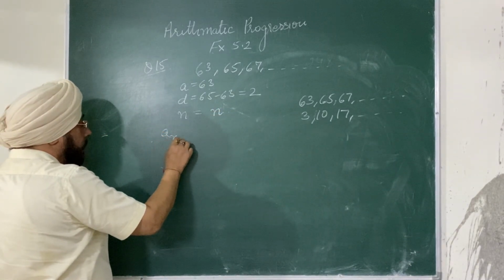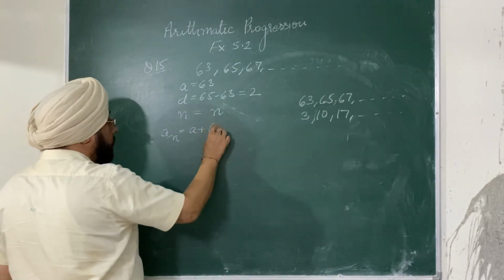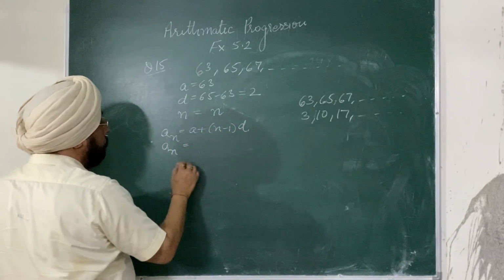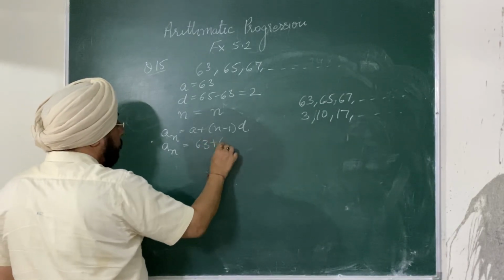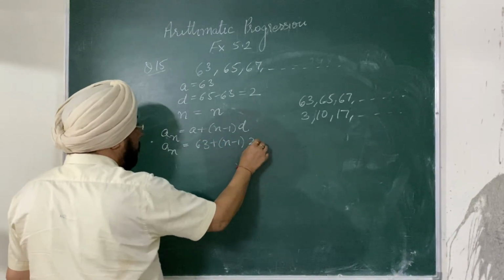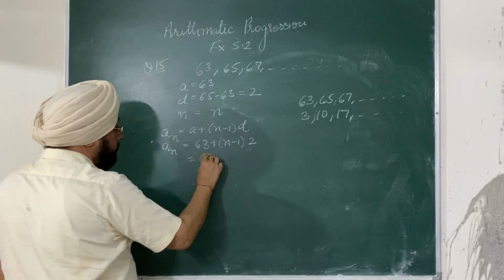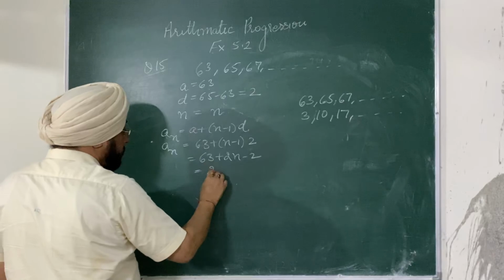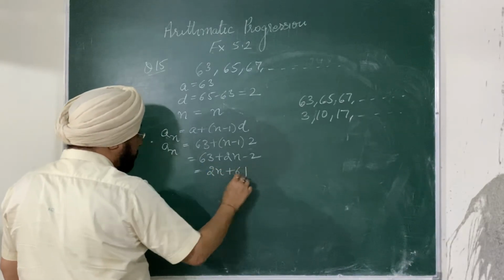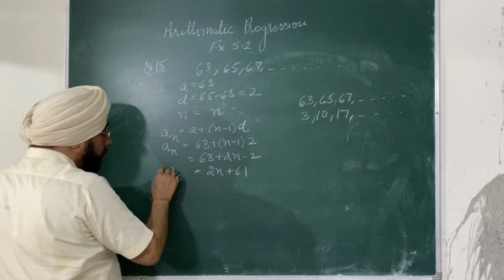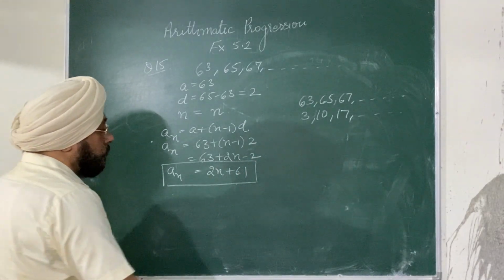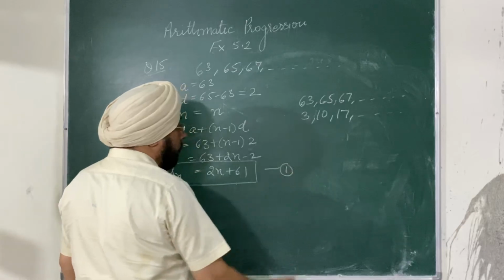So calculate an, we get a plus n minus 1 into d, that is an is equal to 63 plus n minus 1 multiplied by 2. This is 63 plus 2n minus 2, or this is equal to 2n plus 61. So this is the nth term of the first sequence. Let it be equation number 1.